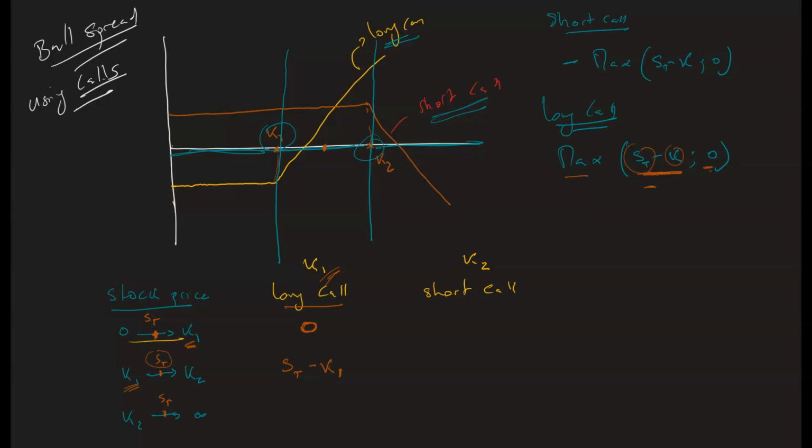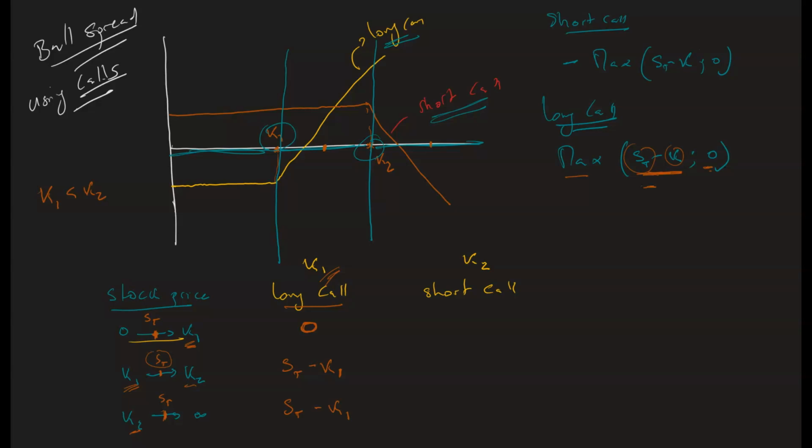And finally, if the stock price is above the strike price of the short call, that is above K2, we know that K1 is less than K2 anyway. So any stock price that's above K1 would result in a positive payoff, and the stock price here is above K2, and K2 is above K1, so the payoff is also ST minus K1 here.